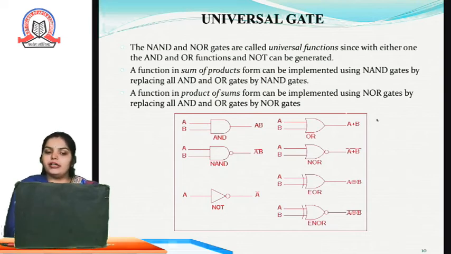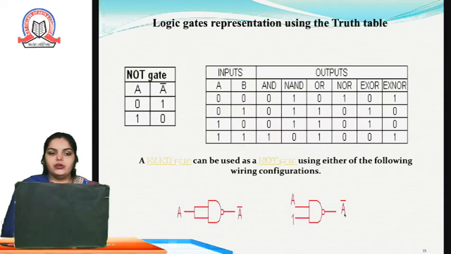The OR gate is here, and the NOR gate is represented by the bubble. In case of the XOR gate, if you apply the bubble in front of the output, it will perform the XNOR operation.